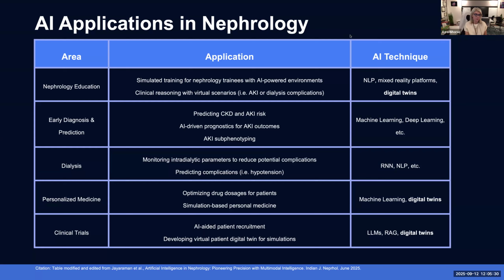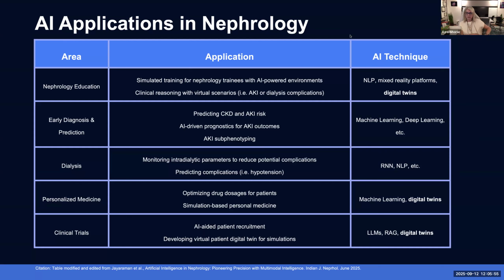For early diagnosis and prediction, probably you are more familiar with those: creating prediction models, or risk surveillance models, or individual treatment effects models for CKD, AKI, or other big nephrology diseases, and computational modeling of prognostication, and then subphenotyping.